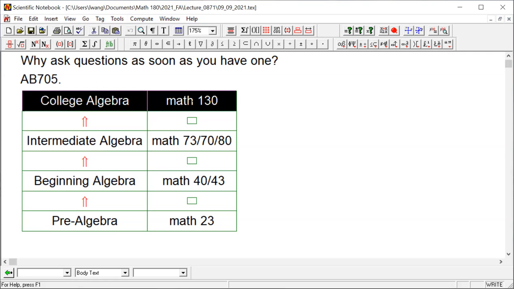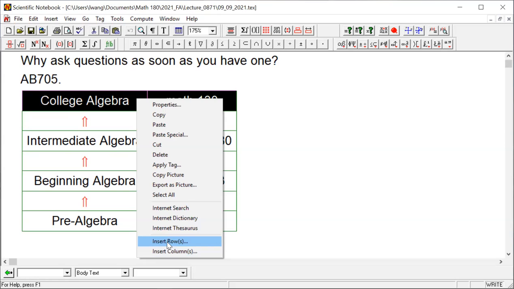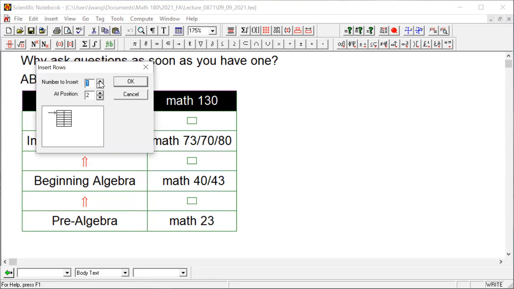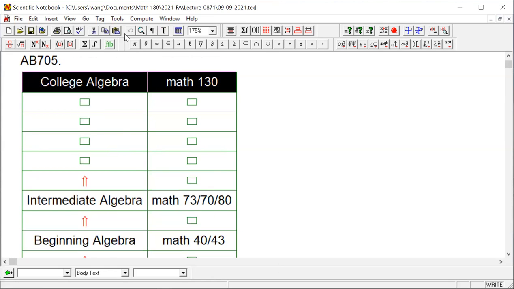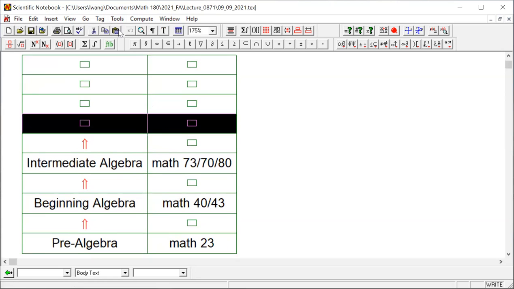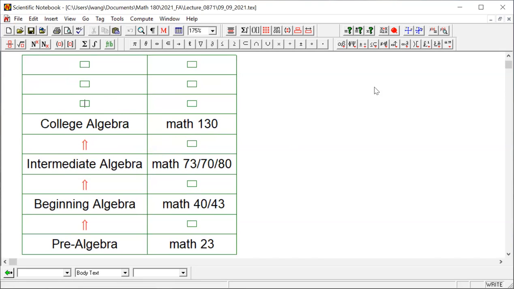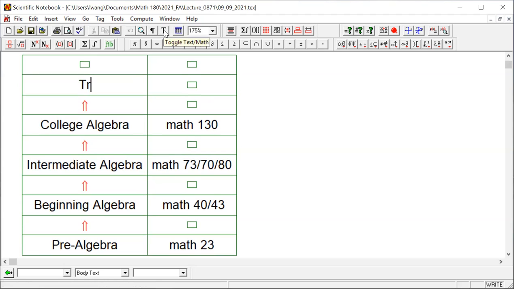After college algebra, let me just put rows. College algebra should be here, right? And after college algebra, the student will need to take trigonometry, that's our typical Math 170. I want you to have a clear view about what kind of task you're taking on by taking this class.